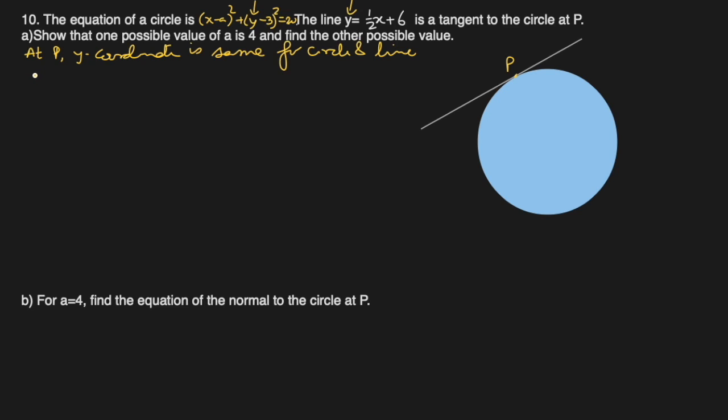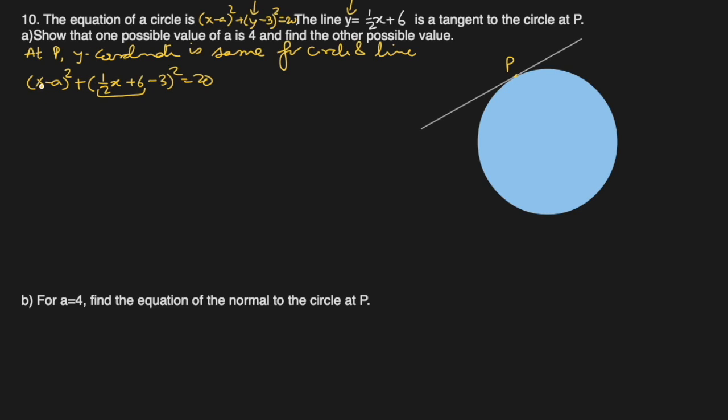I will substitute it. So it will remain (x minus a) squared plus, in place of this y, I will write half x plus 6, and then minus 3 additionally, squared, equal to 20. So this is the y I have substituted, and now I will expand this.